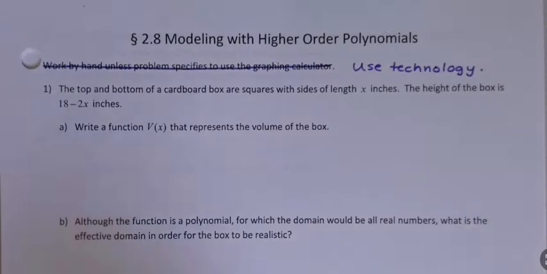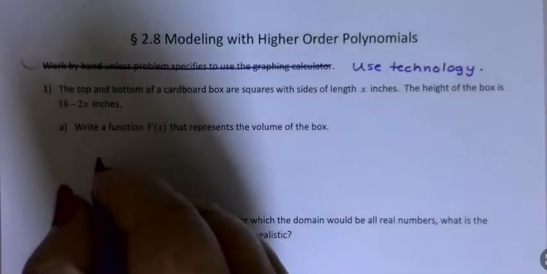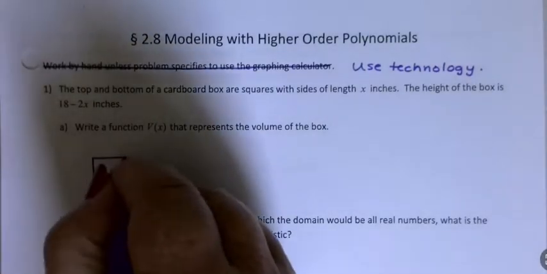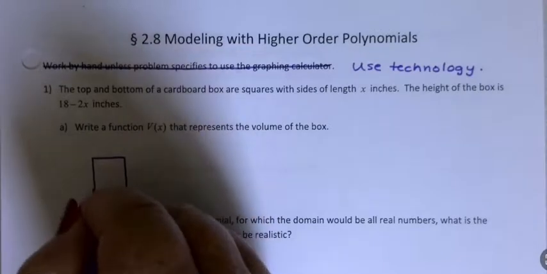All right, so it says the top and bottom of a cardboard box are squares with sides of length x inches. The height of the box is 18 minus 2x. Write a function V of x that represents the volume of the box. So I'm going to sketch it here real quick, although it's not absolutely necessary.